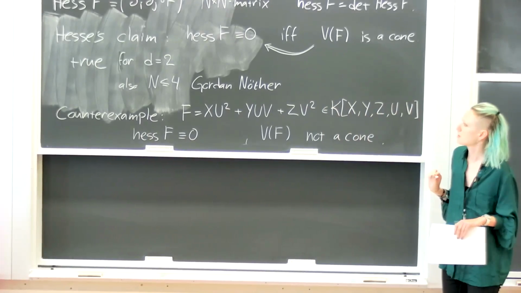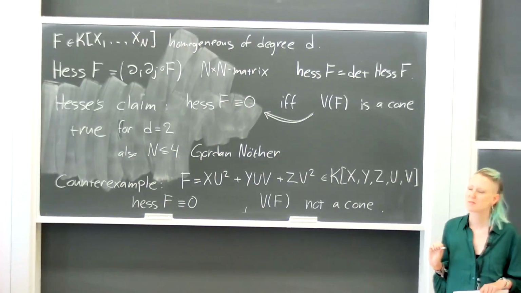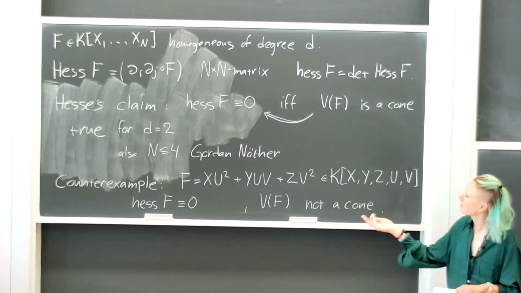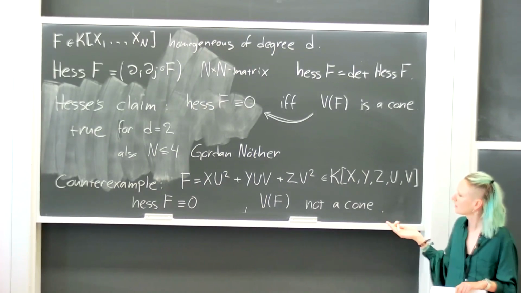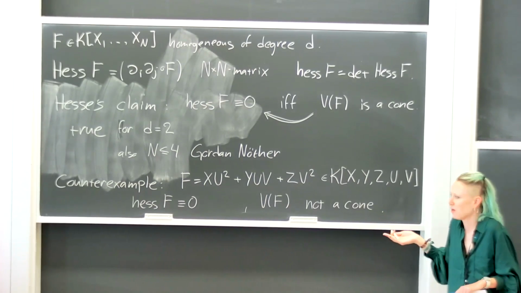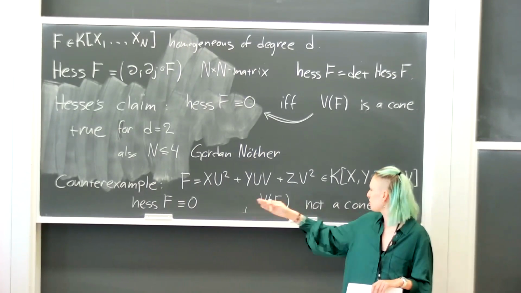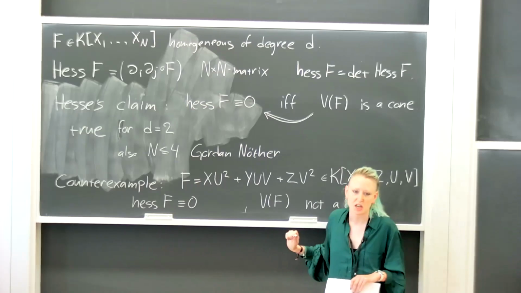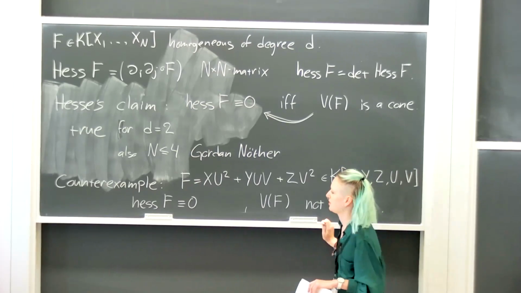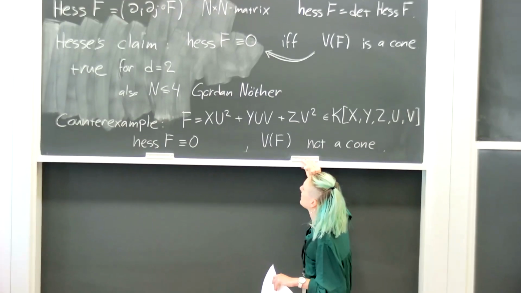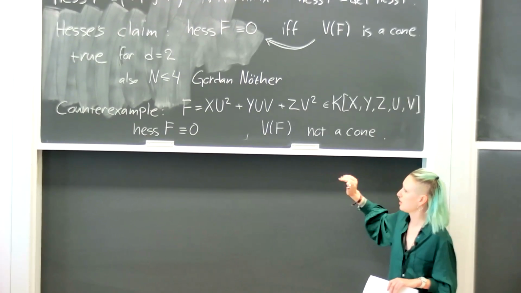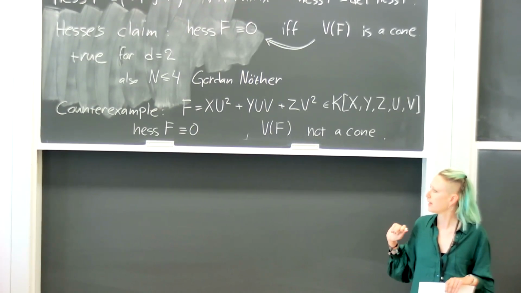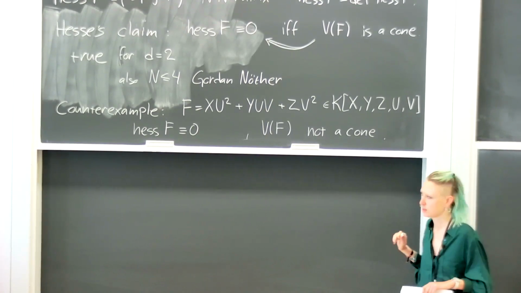So maybe this was bad news for Hesse, but then we have this nice class of polynomials to study, with the Hessian being 0 without the variety being a cone. It inspired the study of this type of polynomials. So we are going to consider a generalization of this counterexample, and we call them Perazzo polynomials.